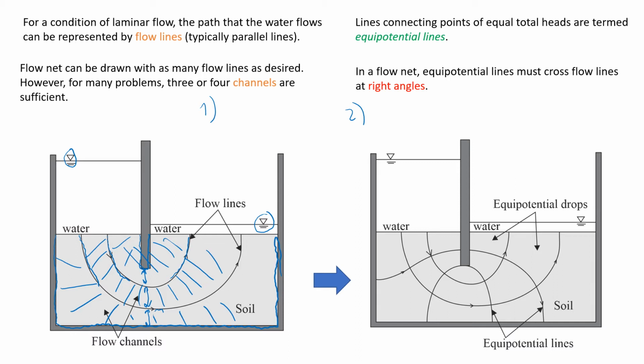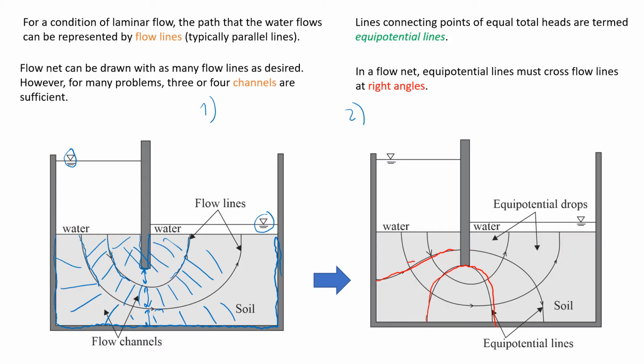Equipotential lines show you points where the total head is the same, which means that there is no water flow between those points. What you need to remember is that when we draw equipotential lines down here, they must cross flow lines at a right angle. So they should be perpendicular.